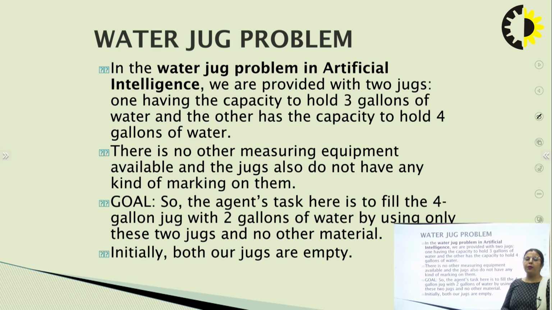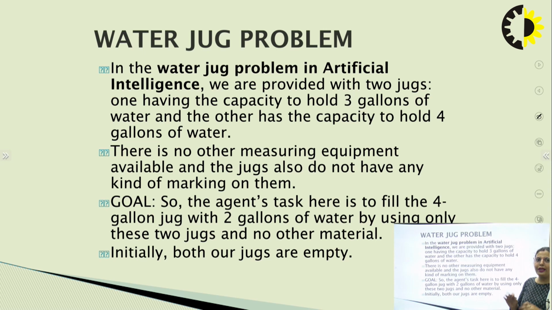And the main problem is that there is no measuring mark on either jug. If you have filled it halfway, that doesn't tell you whether it is 2 liters, 3 liters or 4 liters. So there is no measuring scale on any of the jugs. The agent's task here is to fill the 4 liter jug with 2 liters of water by using only these two jugs.